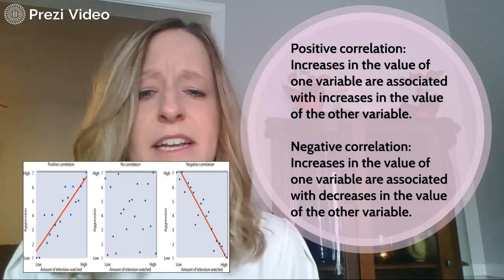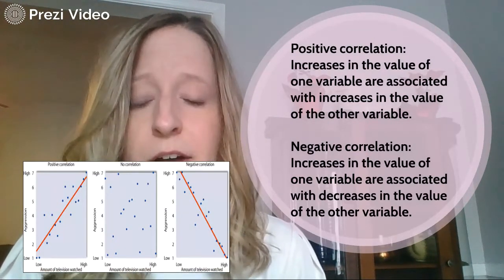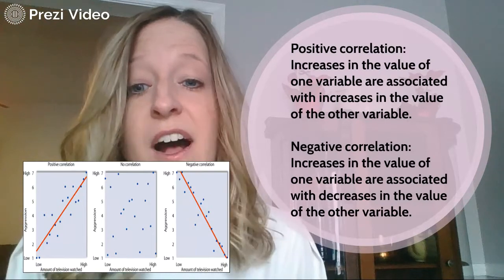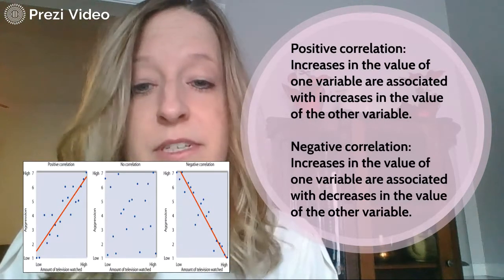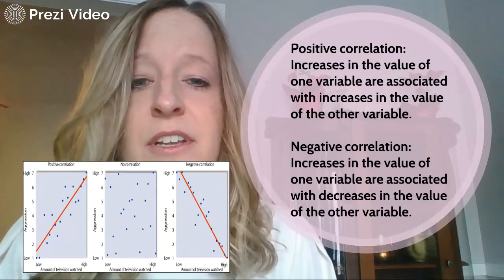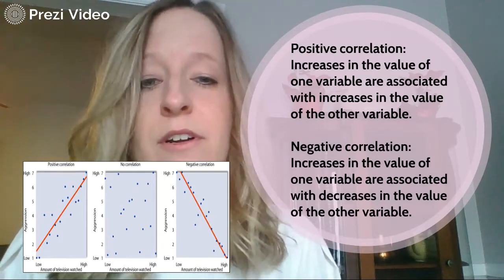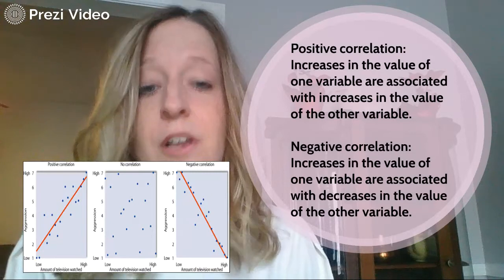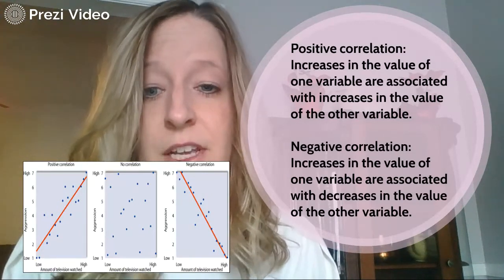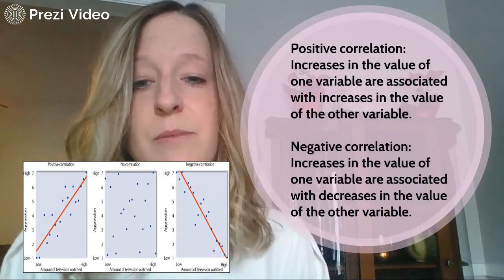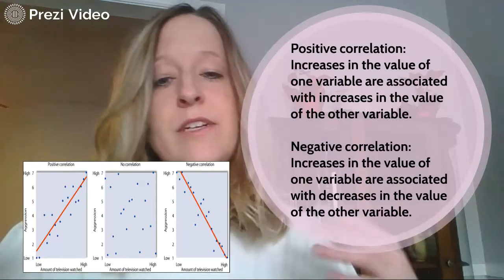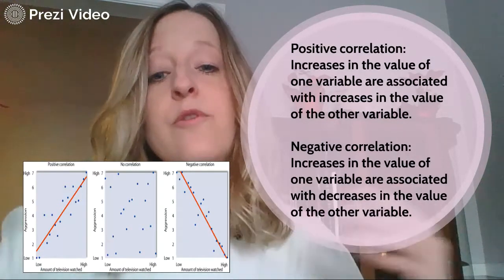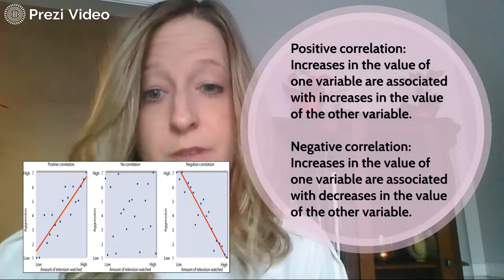So think carefully about how the variables are defined in the context of that particular study, and keep in mind whether in the results they are indicating that there's a positive correlation or a negative correlation between those variables, and that should tell you something about how those variables are moving in relation to one another.